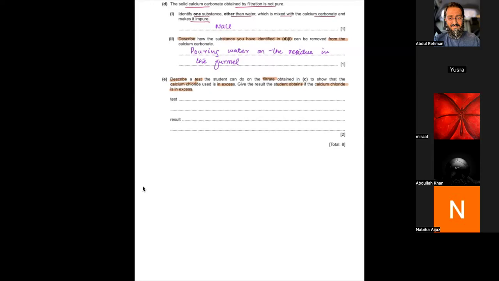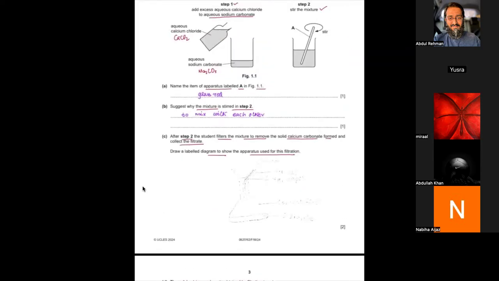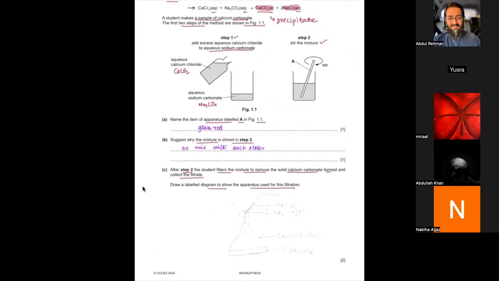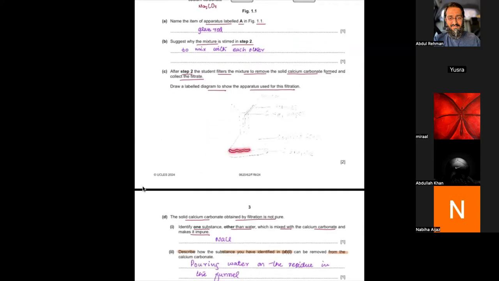And that calcium chloride is aqueous, right? So that calcium chloride must be present in the filtrate, right? Is this understandable? Yes. Okay.